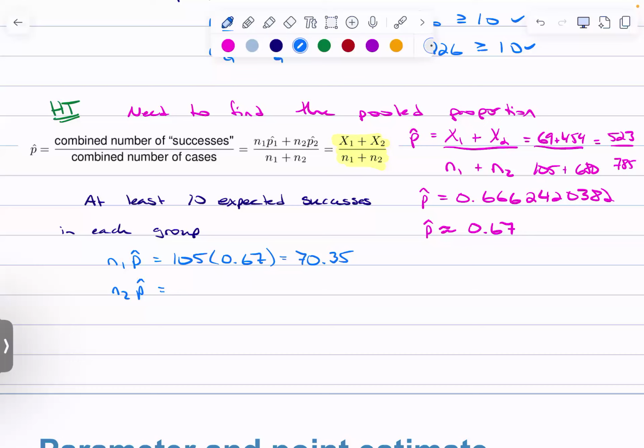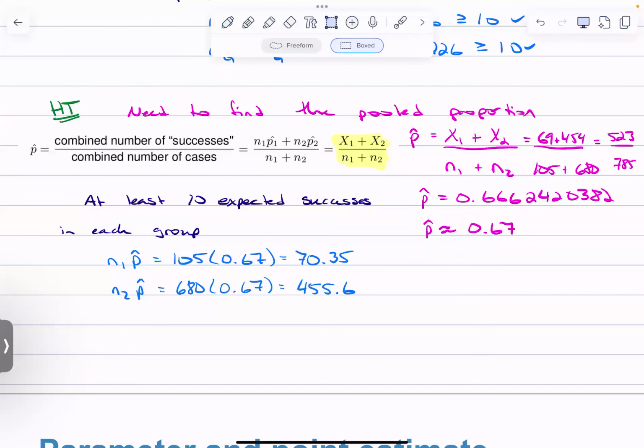And in group 2, if they're all the same, times 0.67, I would expect 455.6 successes in group 2. Not terribly surprising to see that those are pretty similar to what we actually saw, right? Because we also saw that our sample proportions were relatively close to each other.